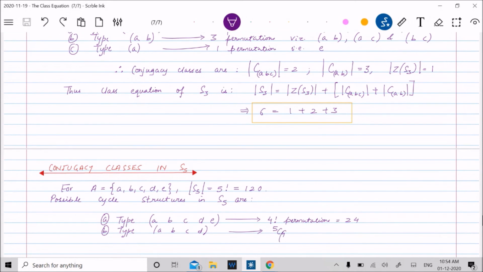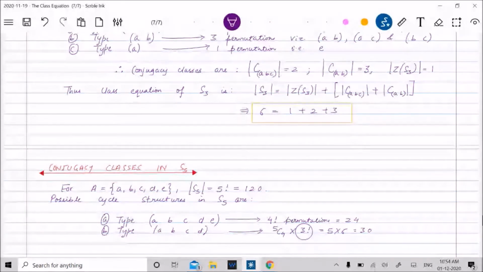After you choose 4 symbols and arrange them in a circular arrangement, the number of ways will be 3 factorial. Are you getting this point? Why is this multiplied with 3 factorial? Mridul? Right, this is just due to the circular arrangement of those selected 4 objects.